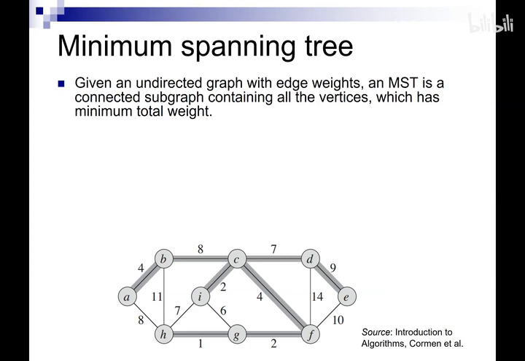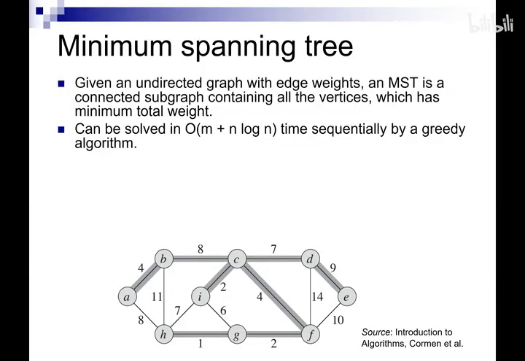For example, in this graph over here, the MST is going to be all of these thick edges. Among all possible trees that go through all of the nodes, this tree has the smallest total weight. If we're in the sequential setting, then we can solve this in m plus n log n time, using something like Prim's algorithm or Kruskal's algorithm.